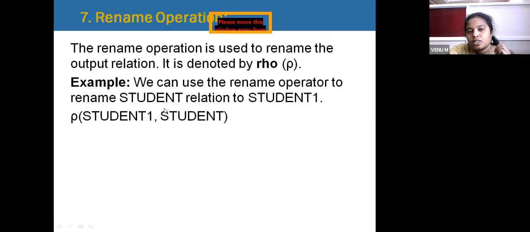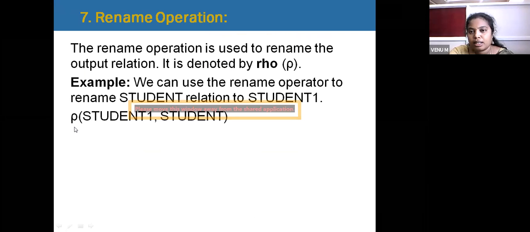For that condition, we have to give the syntax like this. The symbolic notation for renaming is rho, student 1, comma, student, meaning new table name comma old table name. Here the output of student is changed as student 1.